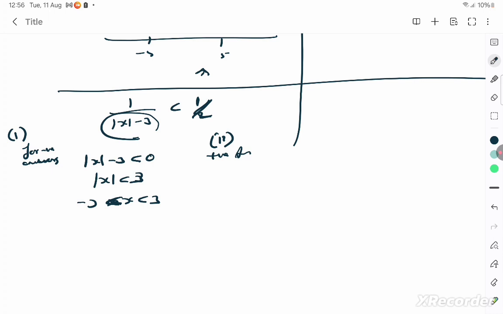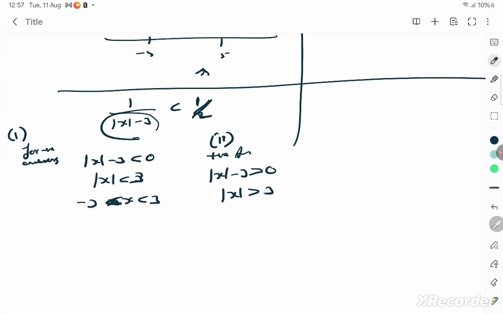So I'm thinking for it, the denominator has got to be positive, which means mod of x minus 3 has to be greater than 0. But I should also make sure that I am not getting answers greater than half. Correct? So fine, let's proceed with this.